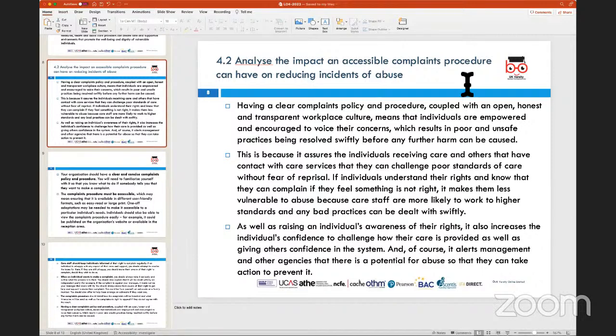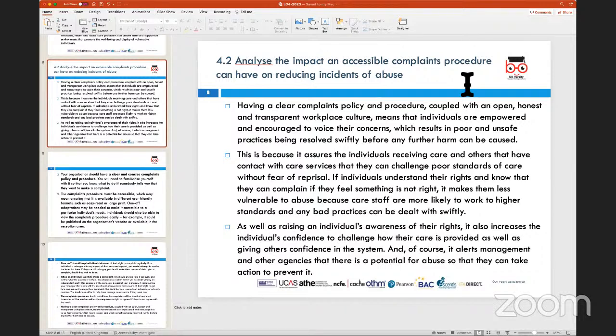So to build trust and confidence, complaints policies and procedures are made available within organizations. If there are concerns, the elderly can raise them with the relevant authorities, maybe the manager, and this is likely to put more confidence and faith in how the organization delivers its services.